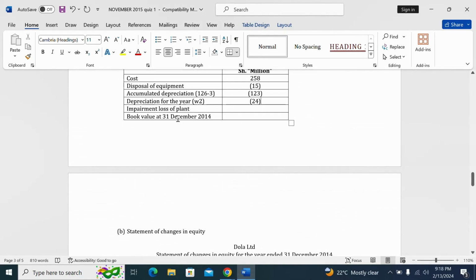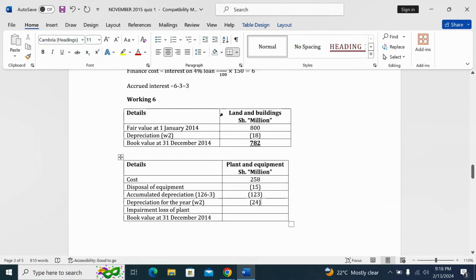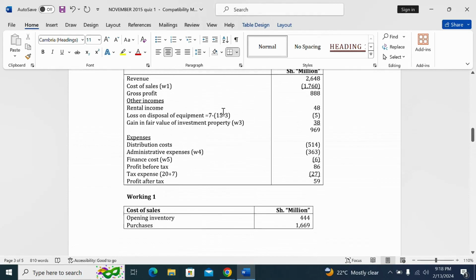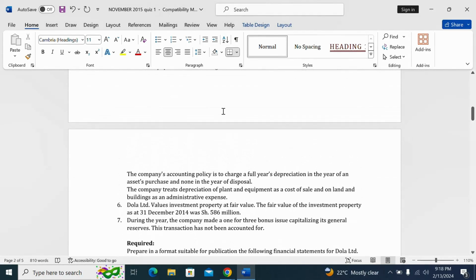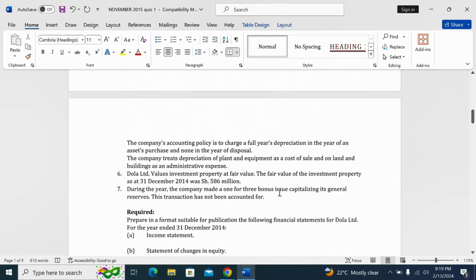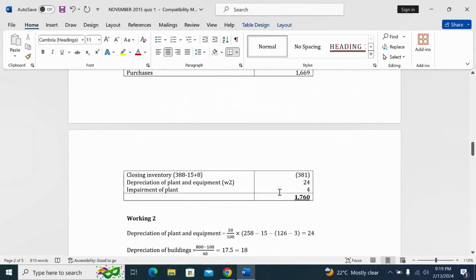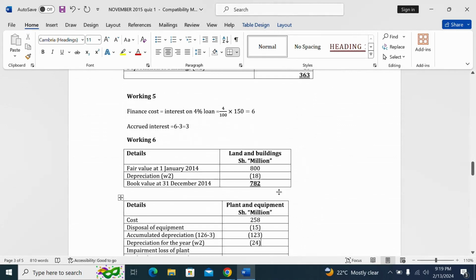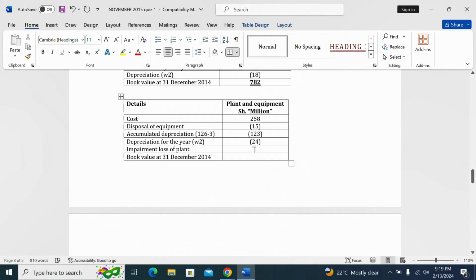And then we have the impairment loss from your additional information number 4. You are told an item of plant was also estimated to be impaired by shillings 4 million during the year. Therefore, you also deduct the impairment loss of 4 million.